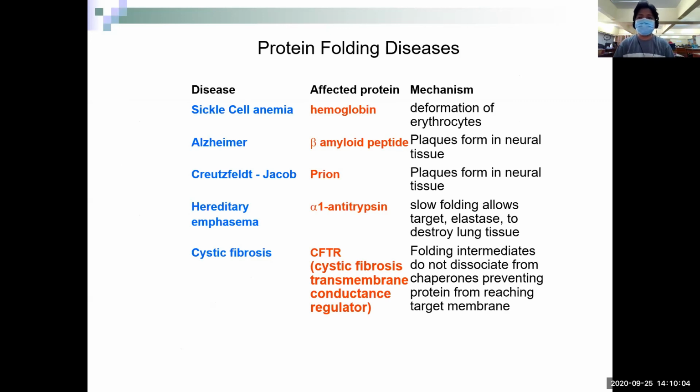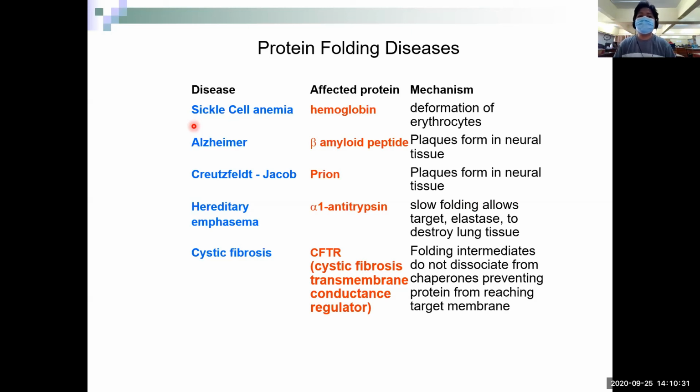We have diseases that can be caused by an abnormal protein folding, meaning may deformation doon sa protein structure. So if mayroong deformation, that might cause diseases. So one example is sickle cell anemia. Sickle cell anemia is a disease wherein mayroong deformation of our red blood cells.